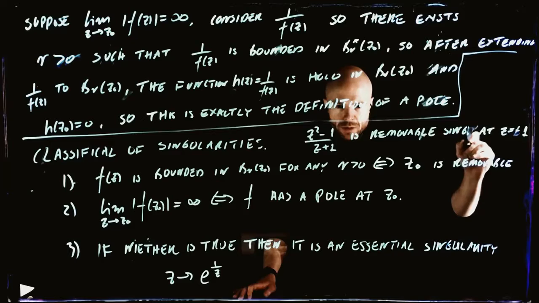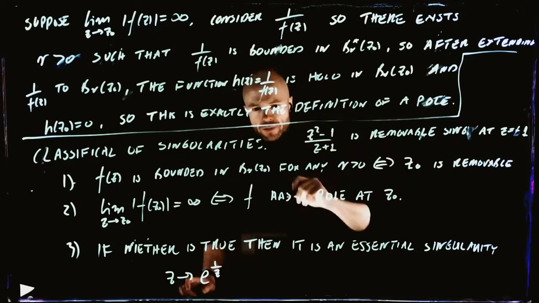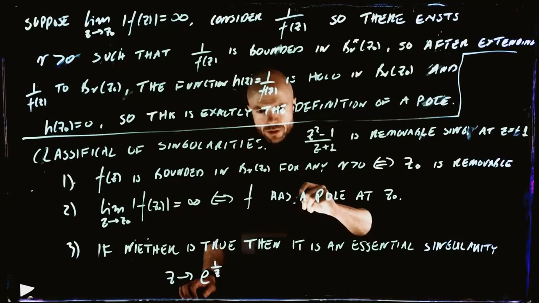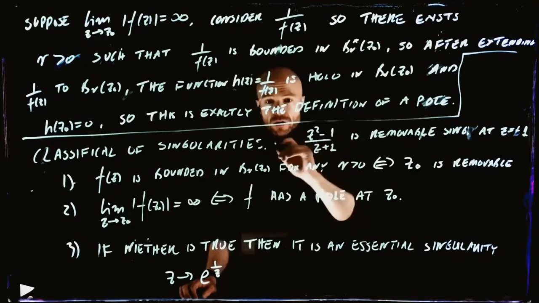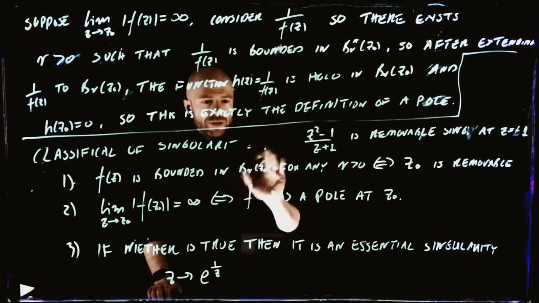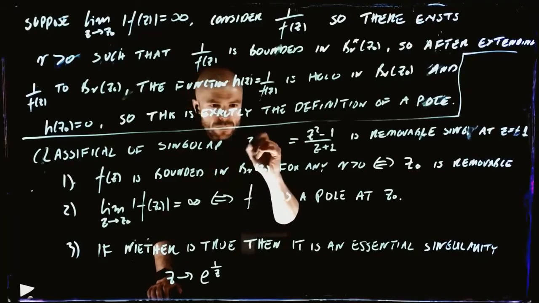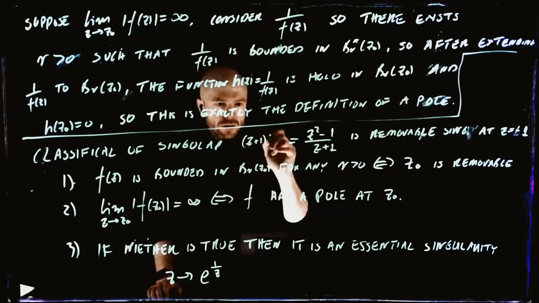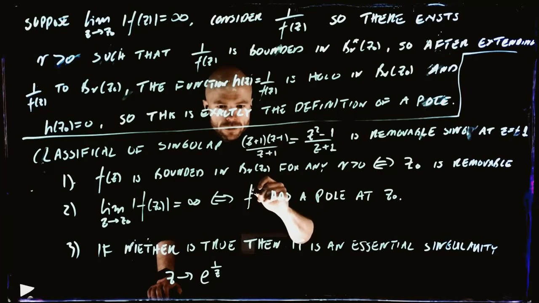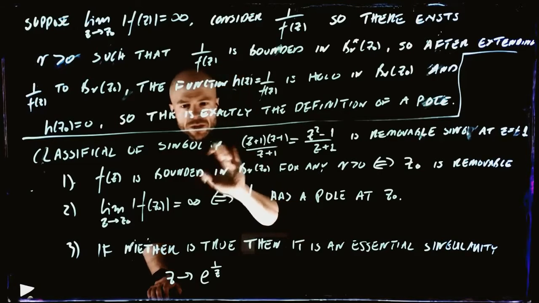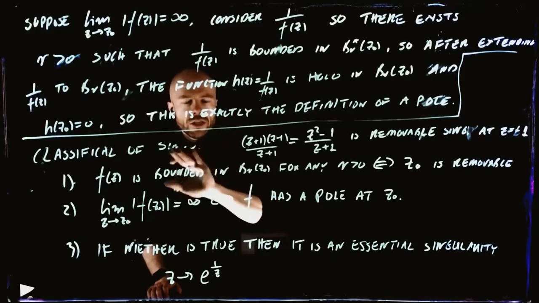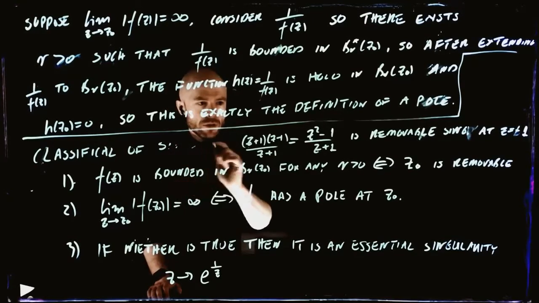A priori, this thing isn't defined at minus 1. But with just some algebra, we know that this thing is equal to z plus 1 times z minus 1 over z plus 1. So this thing actually is just equal to z minus 1.